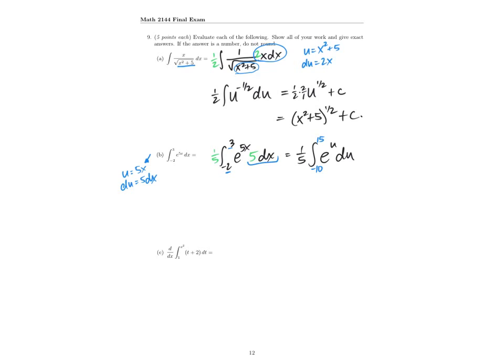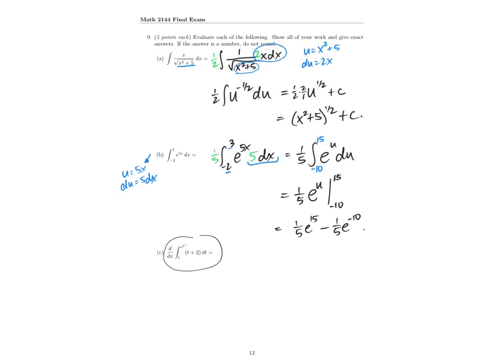So I have 1/5 e to the u, and I want to evaluate that from -10 to 15. And so I can plug those values in, and that's my answer.